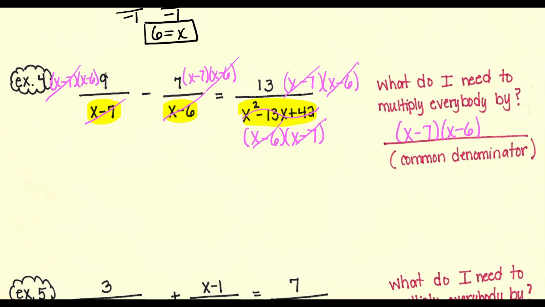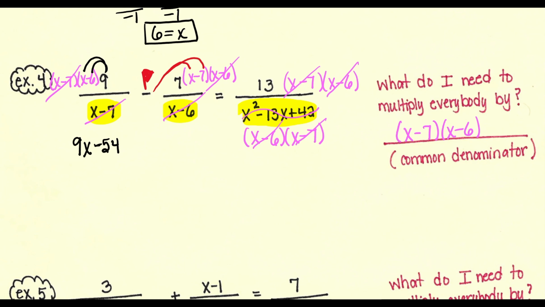I have a 9 that is going to distribute through each of those. So that'll be 9 times x, which is 9x. 9 times negative 6 is negative 54. Here, that negative tells me to be careful. That's the red warning flag. You have to take that negative through that parentheses.